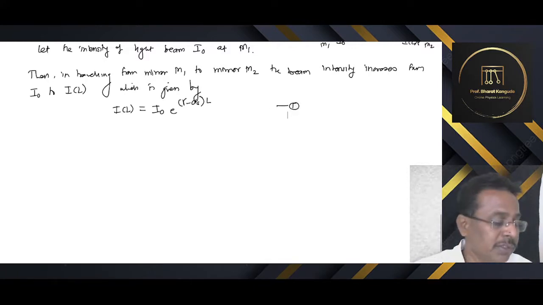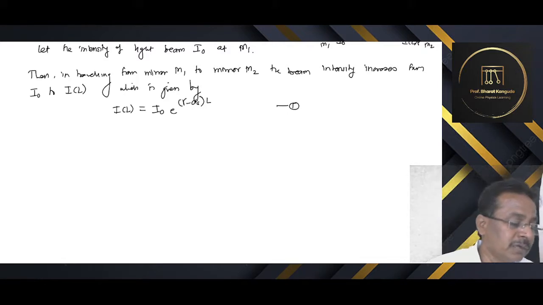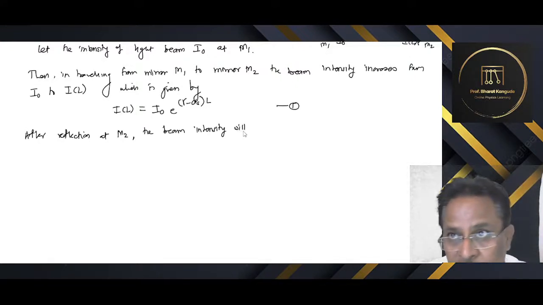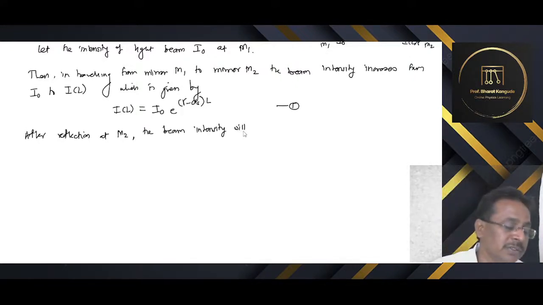Now after reflection at the second mirror M2, the beam intensity will be, because R2 is the component that comes in this particular derivation, given by R2, the reflectivity of mirror 2.